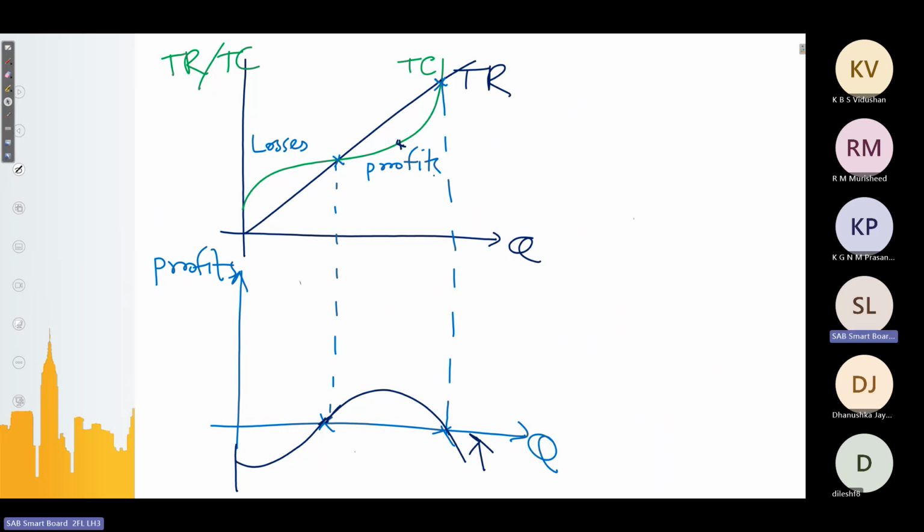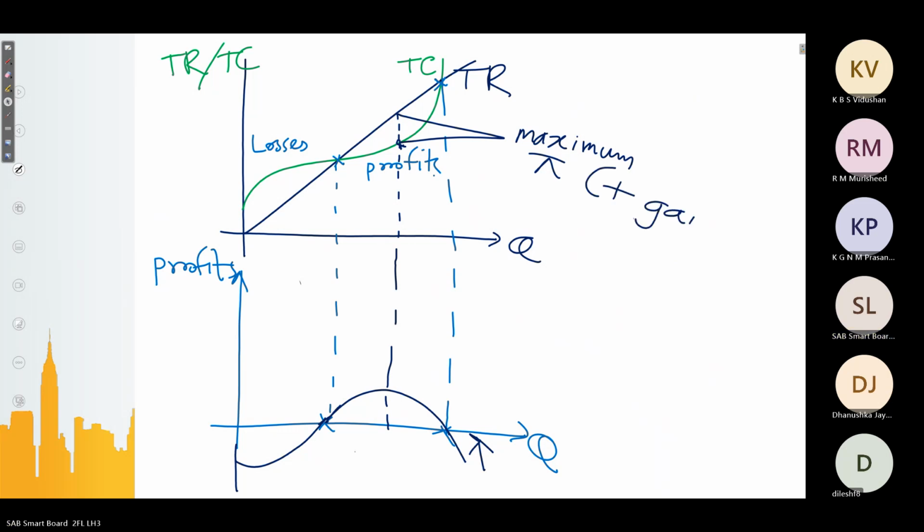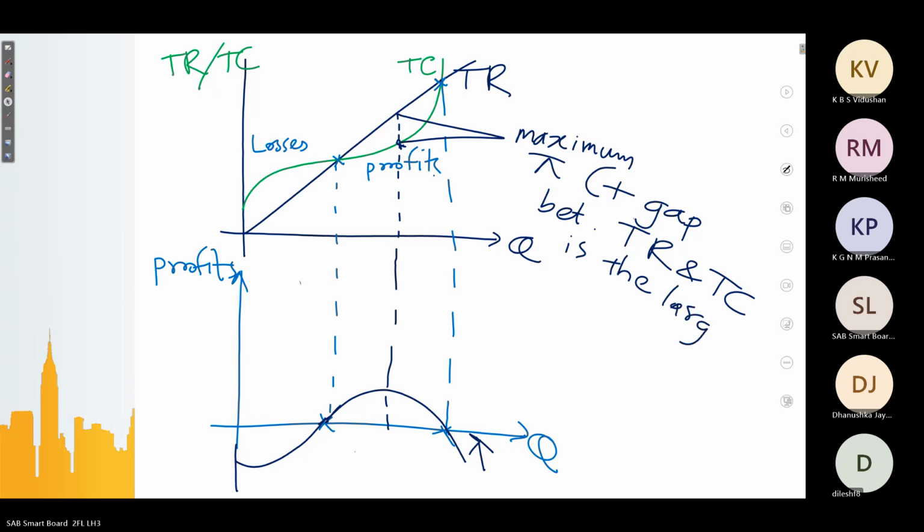And this may be where the positive gap is the highest. This is the maximum profit, where the positive gap between total revenue and total cost is the largest. That can be seen from here as well.